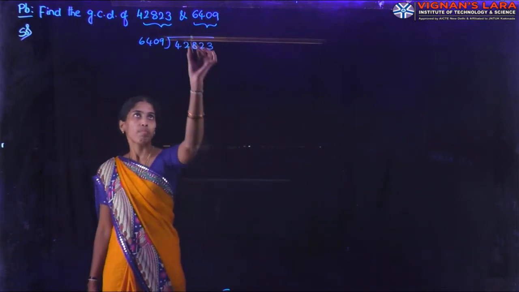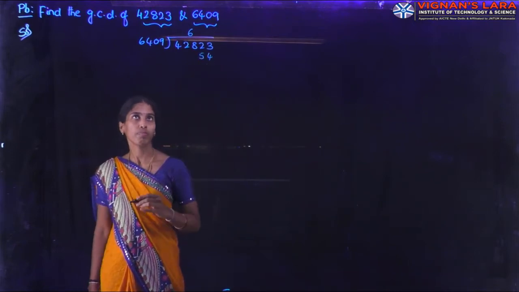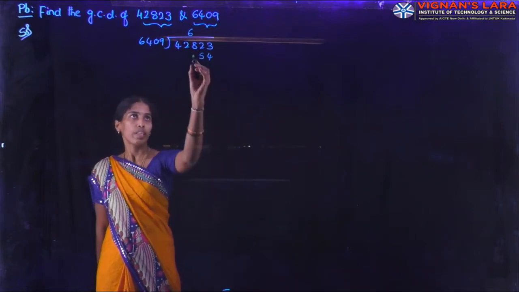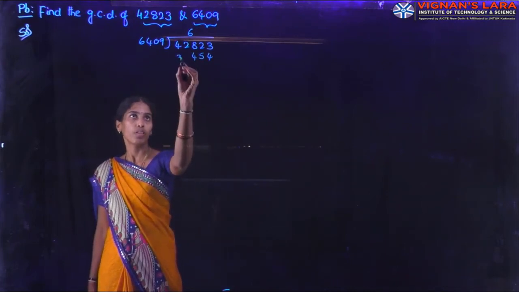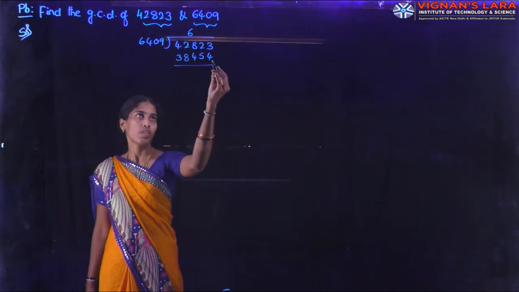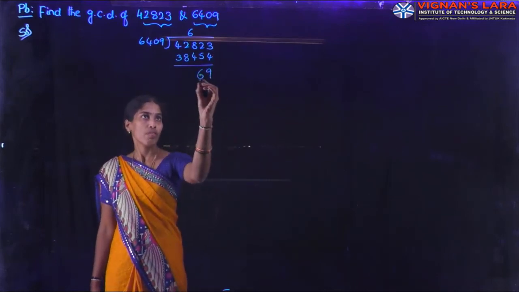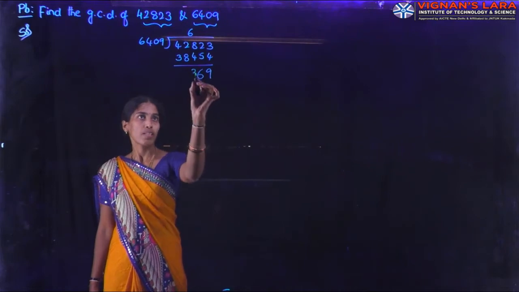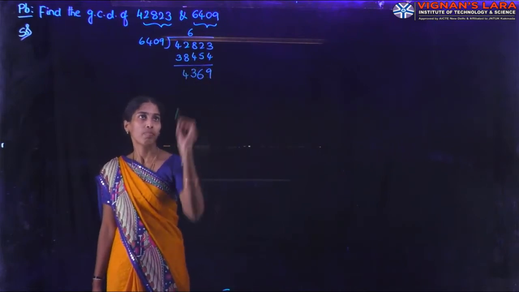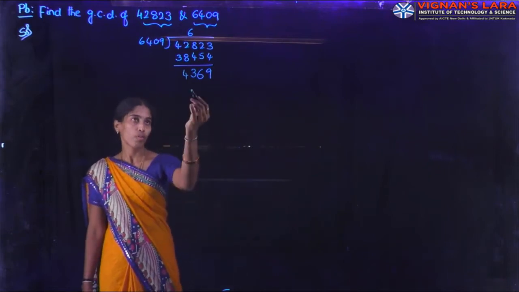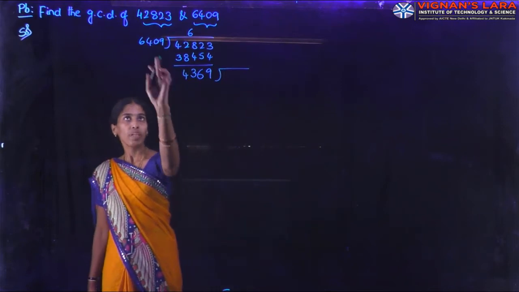How many times? 6 times. 6 9s are 54, 6 4s are 24, 2, 6 6s are 36, 2, 38. Then 13 minus 4, 9. 11 minus 5, 6. 7 minus 4, 3. Right? 12 minus 8. So we get the remainder 4,369.